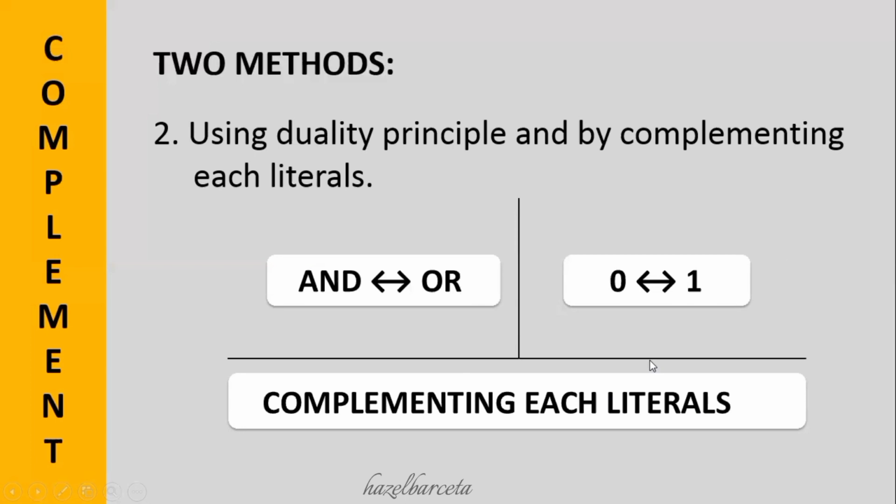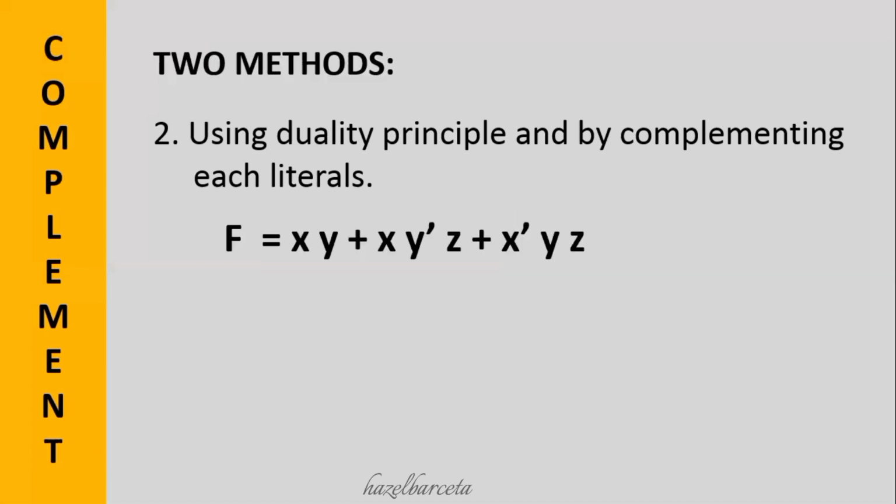Okay? So, balikan po natin yung example kanina. We have it like this. So, sabi, papalitan po natin yung ating operator. Ayan. Operation dito. F prime is equal to, papalitan natin yung or ng and, yung and ng or, at kukunin natin yung negation or complement ng ating variable.